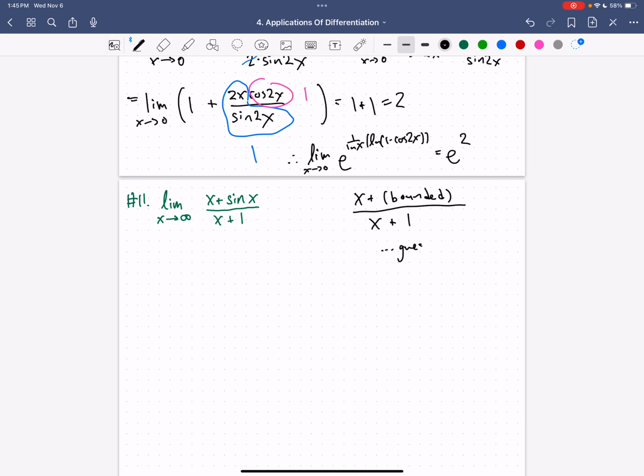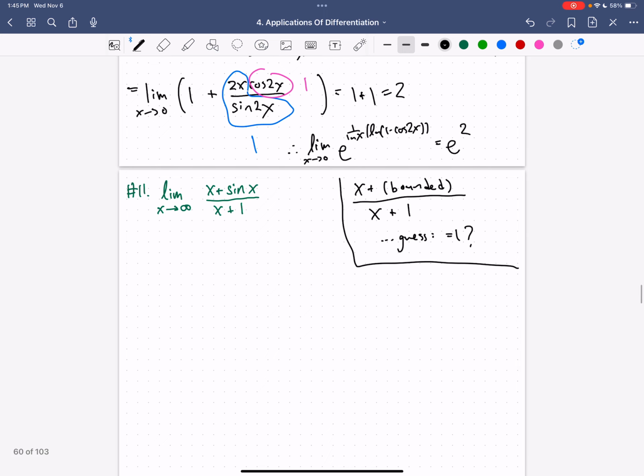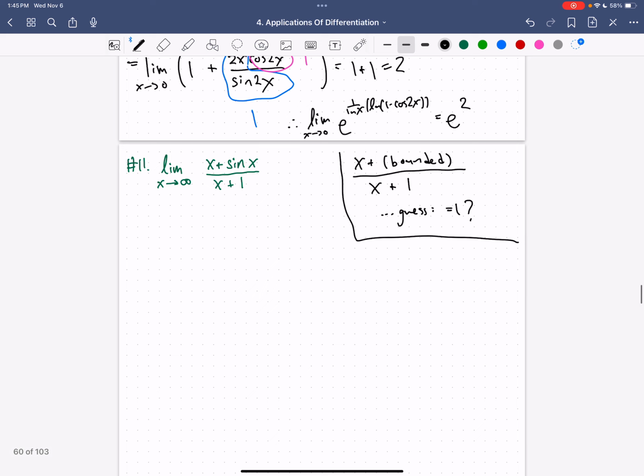So we're going to make a guess that this limit is equal to 1. Of course, we're going to actually work it out, but in theory, if on the final exam you had a limit that looked like this and you were running out of time and it was multiple choice, this would be a decent way to choose that, but we'll see what it actually is.